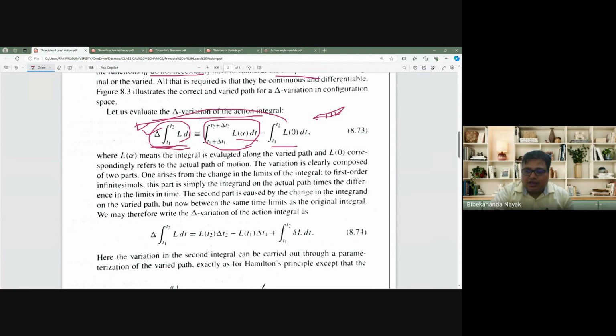If I integrate it, taking delta variation, it will be delta of L dt from t1 to t2, which is L at t2 delta t2 minus L at t1 delta t1, plus the integration of the varied path, with t varying from delta t1 to delta t2.